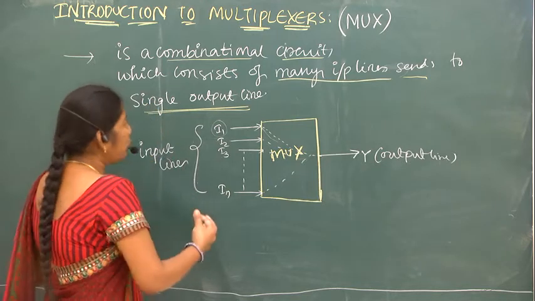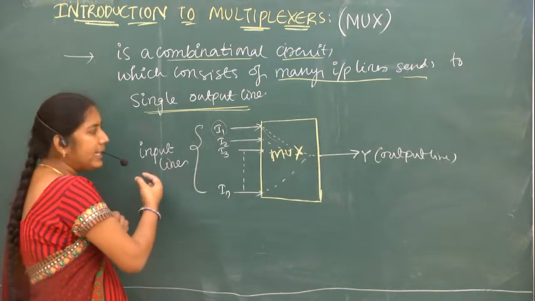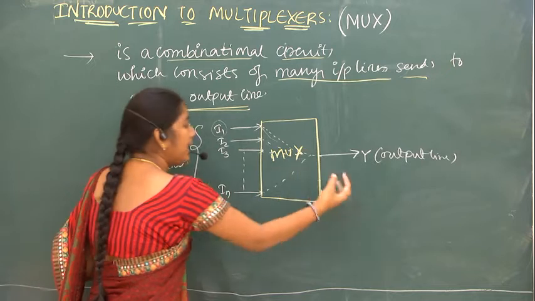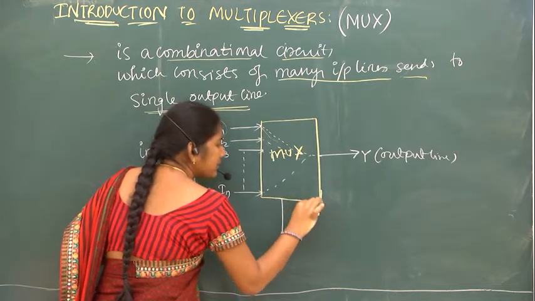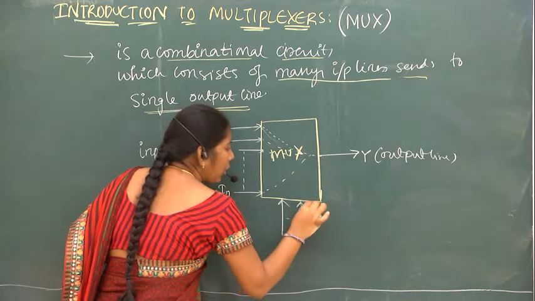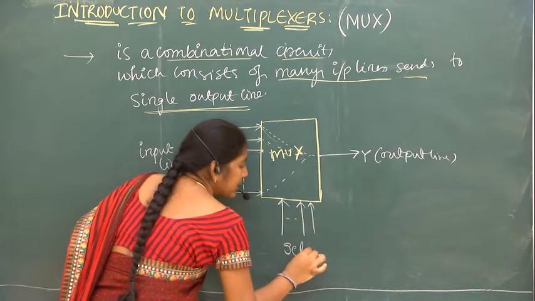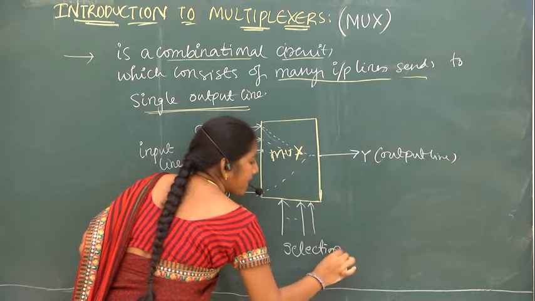So in a multiplexer, in addition to the input lines and output line, we'll have one more set of lines called selection lines.